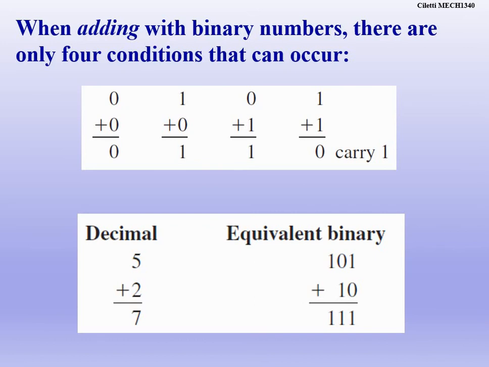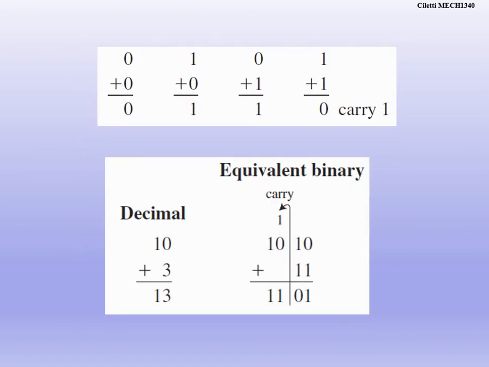You only carry if we have 1 plus 1, or if we have 1 plus 1 plus 1, right? In decimal, 1 plus 1 plus 1 is 3. In binary, 1 plus 1 plus 1 is what? 1 plus a carry of a 1, because we have to get to 1, 1, which equals 3 in binary, okay? And this is an example of that.